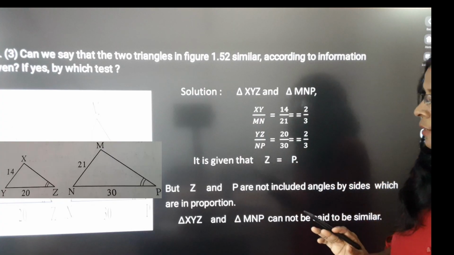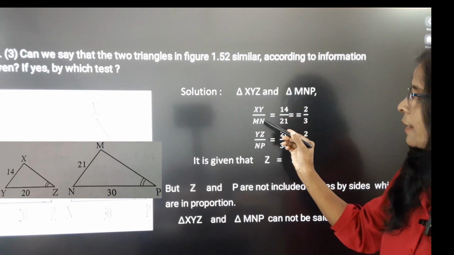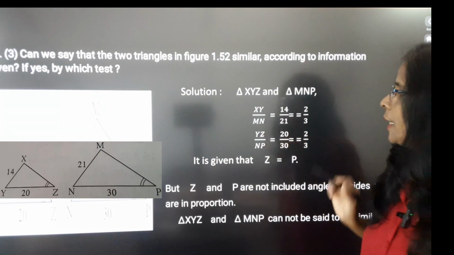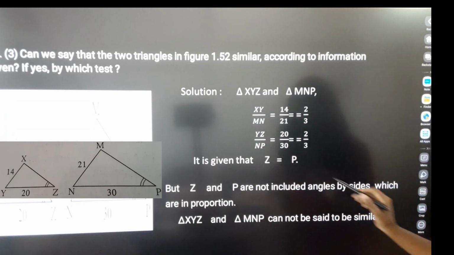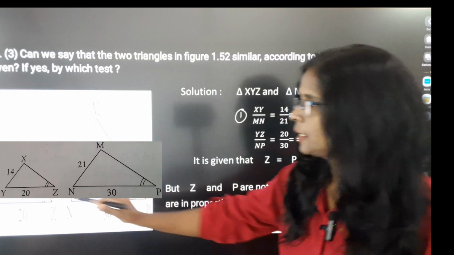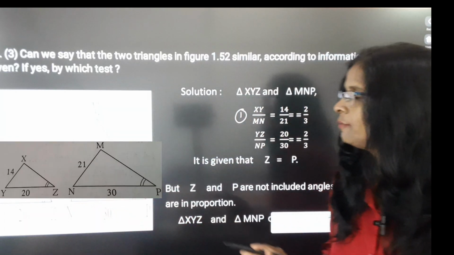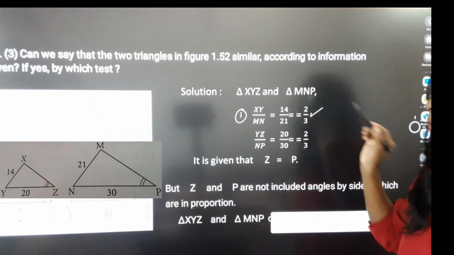First, XY upon MN is equal to 14 upon 21, which is equal to 2 upon 3.